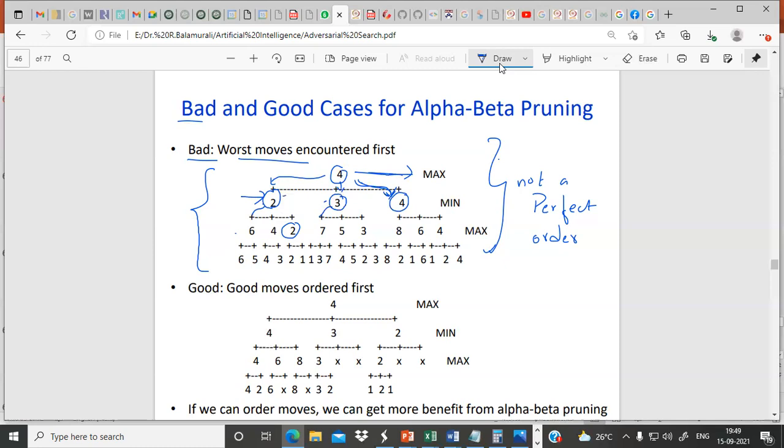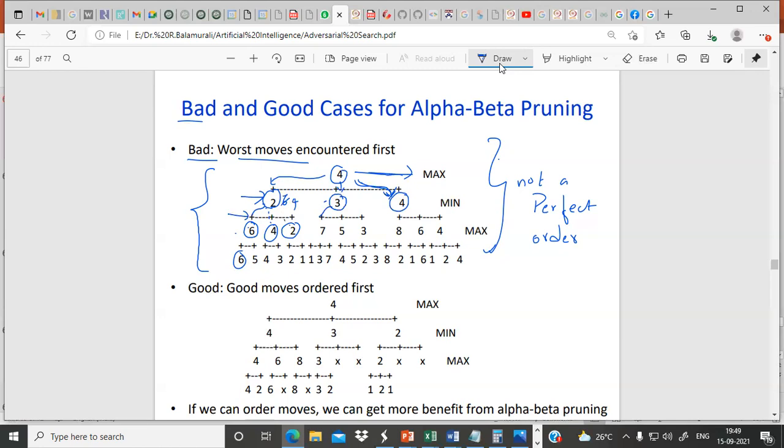Similarly, at every round, look at the next one: this is min's move. Min first explores 6 and backs up 6, but min's objective is to minimize. In the other path he got 4, so he replaced 6 with 4.